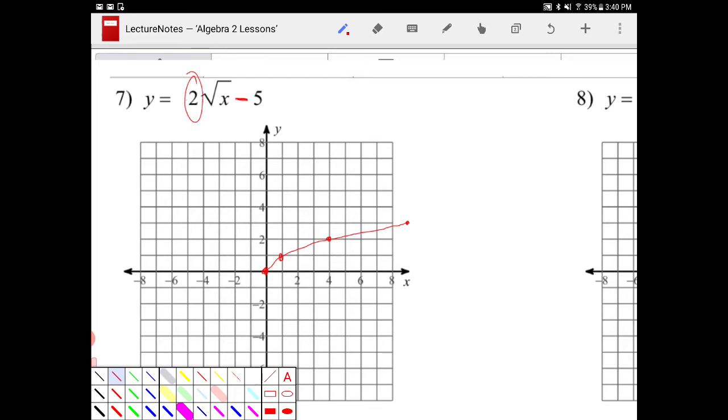So we're multiplying all the y coordinates by 2. So all these coordinates, I want to do this in blue. 0 is going to still be at 0. 1 will be at 2, and 4 will be at 4, and at 9 we will be at 6.